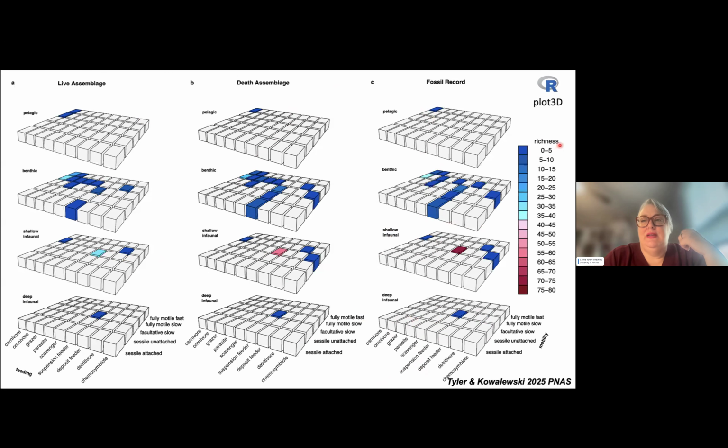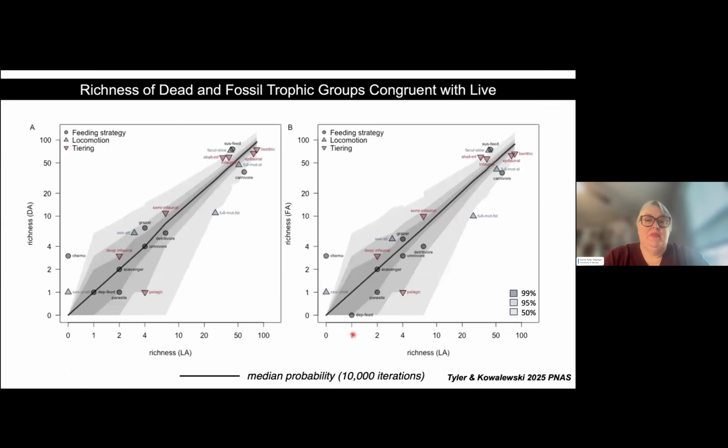And again, we can only do this for number of species, not abundance, because we don't have abundance data for that. But for the live, the dead, and even the fossil, we see the same cubes are generally filled. Of course, we have this accumulation of richness based on mollusks, which do preserve very well. But generally, these colors are fairly consistent. And this match is really, really good.